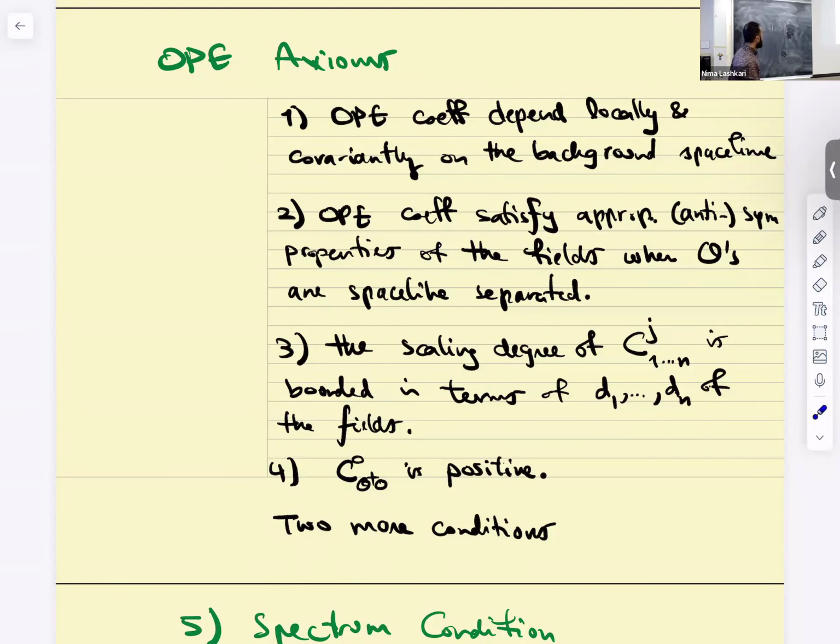What does it look like? It looks like phi dagger phi at some point insertion. It's a two-point function, right? If you look at the requirement that the norm of this state is positive, it translates to positivity of C_0 phi dagger phi for all phi's. So it has to do with the positivity of the norm, right?